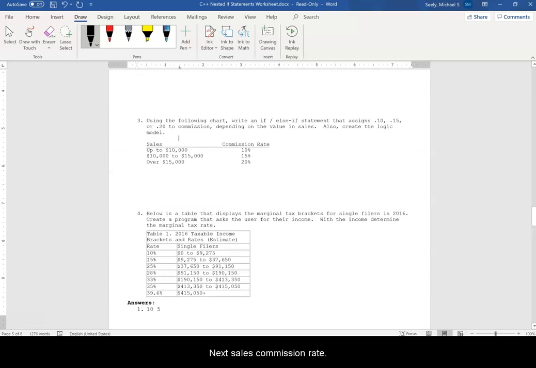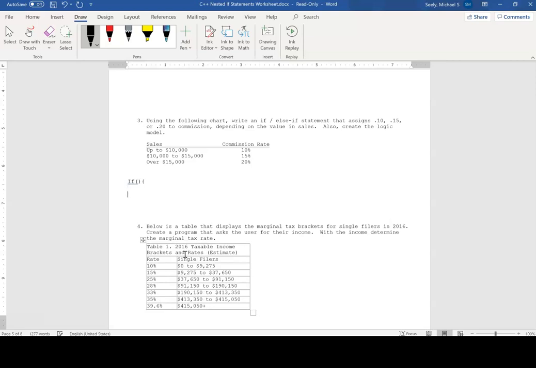Next up, sales commission rate. So what would it be? It's something like this. If sales are less than 10,000, the commission rate equals 0.10.